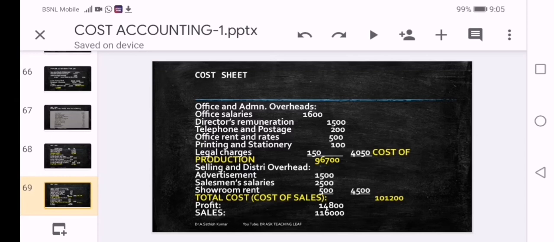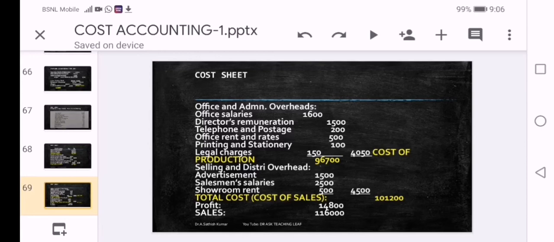Now go to stage 3, selling and distribution overheads. Advertisement 1,500, salesman salary 2,500, showroom rent 500. Add all these three, which will become selling and distribution overhead, which is 4,500. Once you add this 4,500 to the cost of production 96,700, you will get total cost. Total cost is 1,01,200. Now this is the total cost we have.